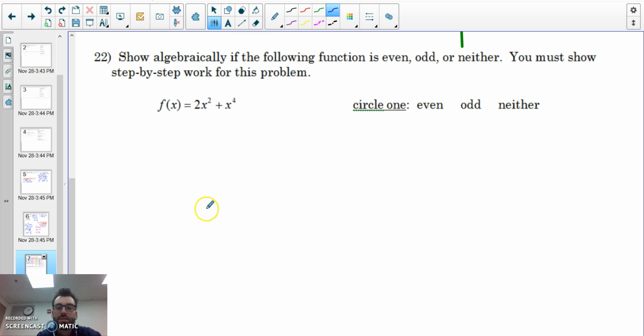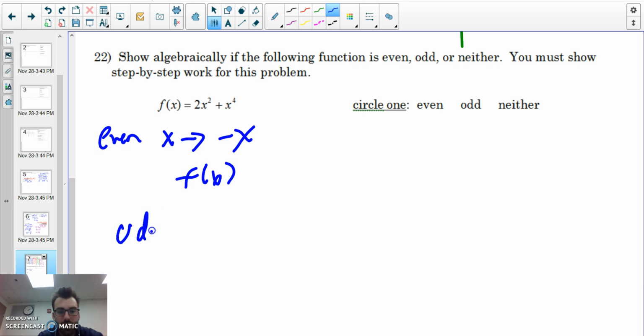So, to test if a function is even, odd, or neither, remember, for even, I'm going to take x and replace it with -x, and I'll get my original function. For odd, replace x with -x, and I'll get the opposite of my original.